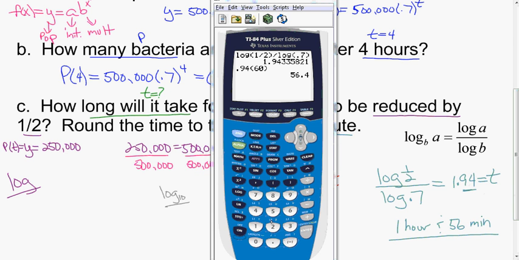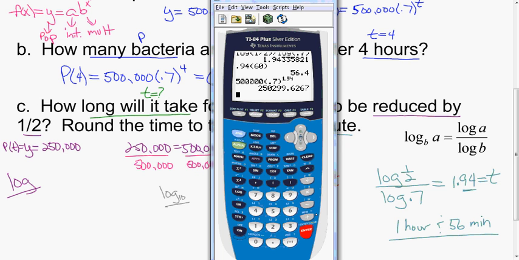I'll start with 500,000 and use a multiplier of 0.7, raised to the 1.94, which I rounded. So it's not exactly going to be 250,000, but it looks really, really close. It just goes to show you that this exponent is very sensitive. That little bit of rounding I did actually changed the population by, it looks like, 300. So I think this is close enough.